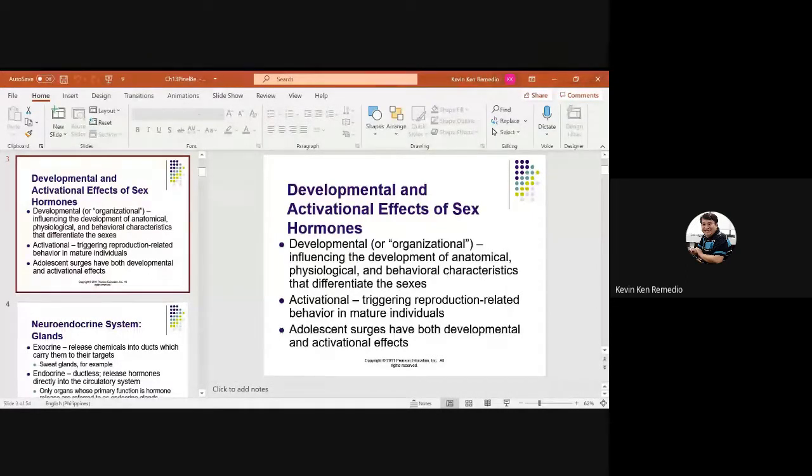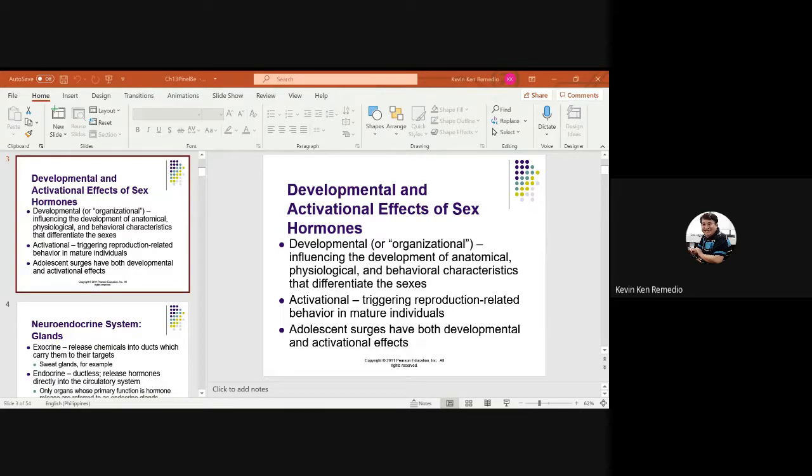Now, the activational effects of sex hormones is that they trigger reproduction-related behavior in mature individuals. So it's not only our developmental trajectories that are affected by sex hormones, but also the behavior that we display. Of course, when we were younger, what do we tend to do? We play with toys, all sorts of games. But as we grow up, we start to deviate from those games we played in childhood, like patintero and batulata.